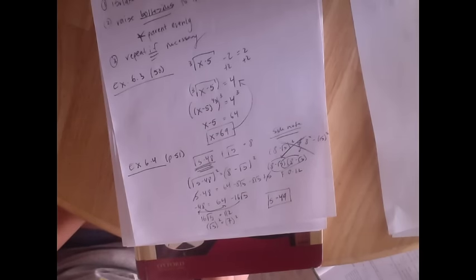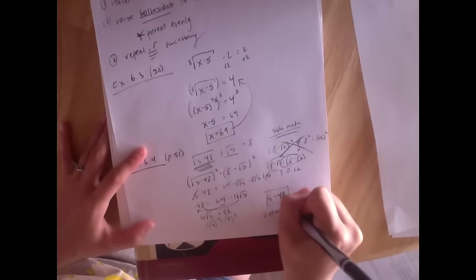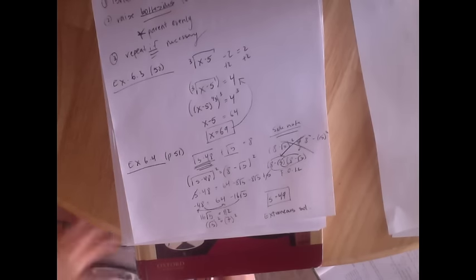Now, we have to be aware of what we call extraneous solutions. An extraneous solution is a solution that might not work. We have to beware that there might be some solutions we cannot plug in, because if we plug it in, it will give us an undefined answer, such as if we took the square root of a negative number.